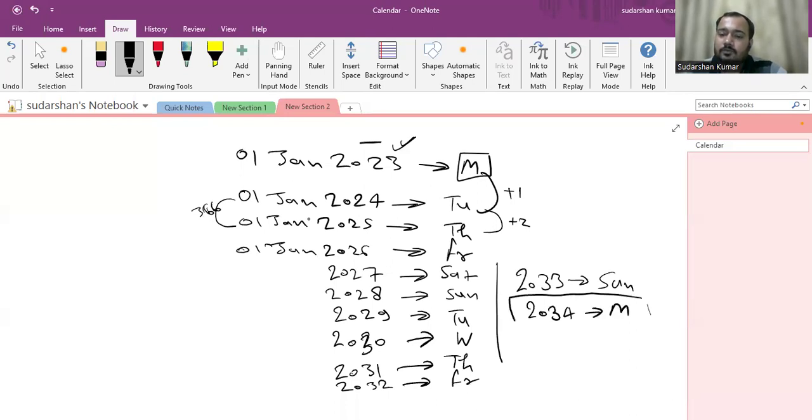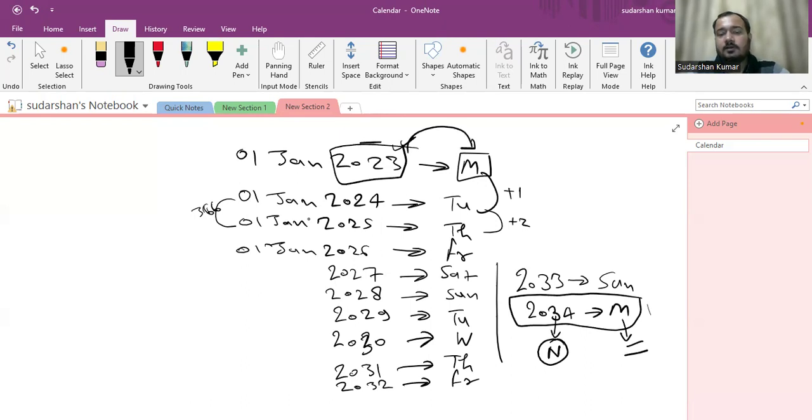Now we have 2034. This is a normal year. And the first day of 2034 is Monday. Here is a normal year 2023 and its first day is Monday. Hence, the calendar of 2023 is same as the calendar of year 2034.